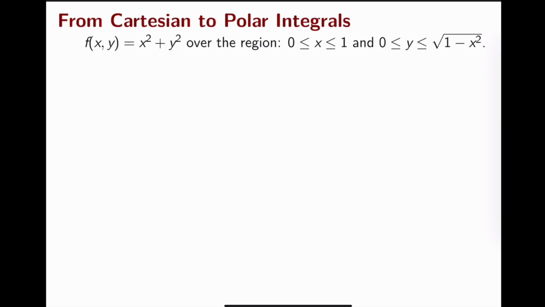So for example, in order to calculate this one that is given in Cartesian, everything is described in terms of x and y. How do we calculate in polars? Well, we use that x is equal to r cosine, y is equal to r sine, and we substitute the dx dy by r dr d theta.